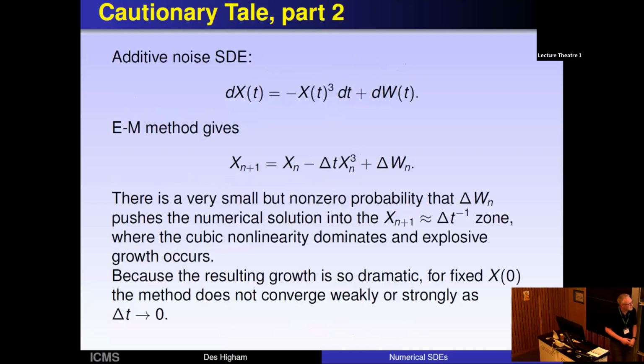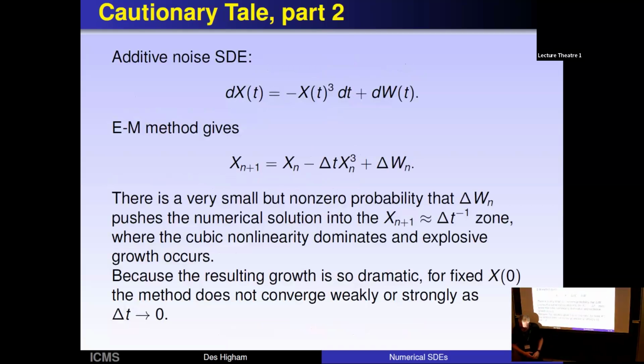So let's just add 1 times dW, so the diffusion coefficient is constant, equal to 1. And then here's the corresponding Euler-Maruyama. It's just Euler with a Gaussian kick, scaling like delta t to the half. And here's the issue: that delta Wn is Gaussian, so it has an infinite support.